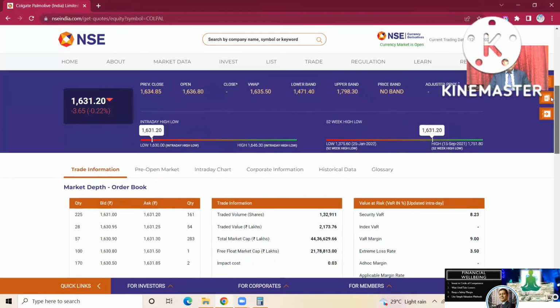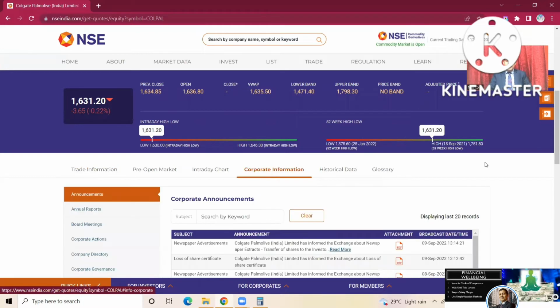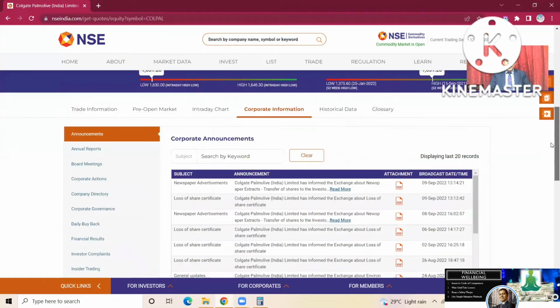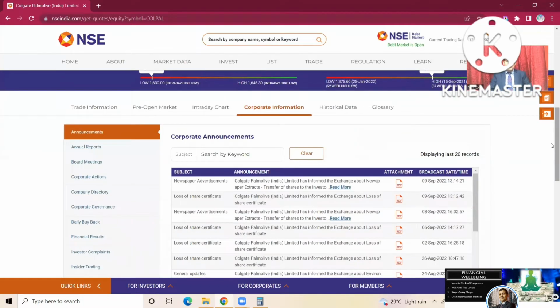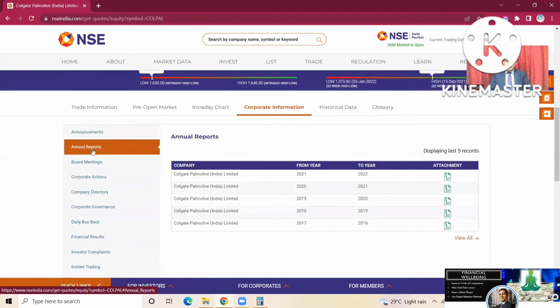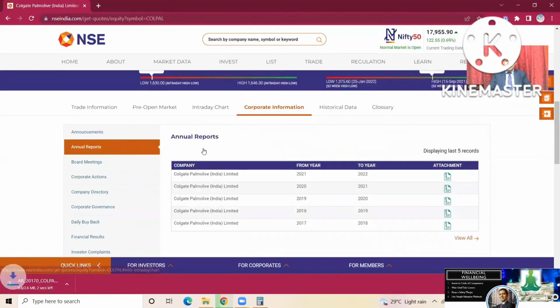Next, we also want to see the annual report. To see it, we go to corporate information. The annual report makes sense to us because we have to learn accounting. This is where all the annual reports of previous years are listed, the last 5 records. We quickly open this attachment.